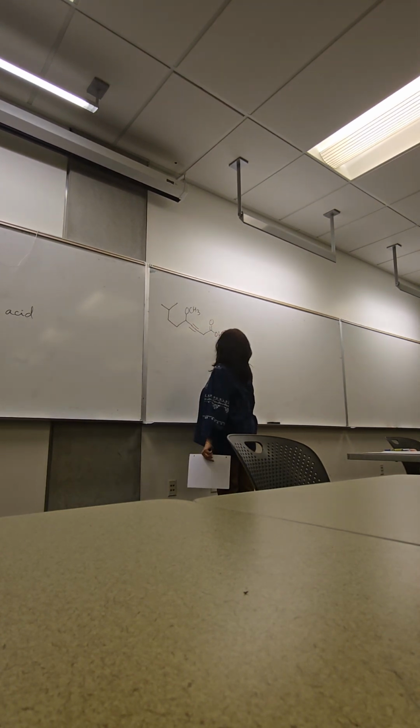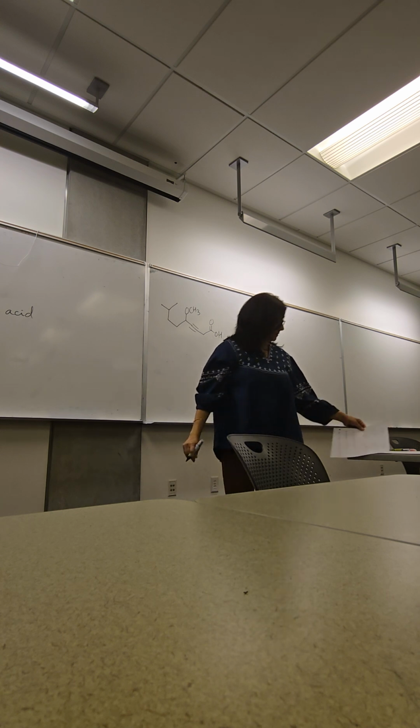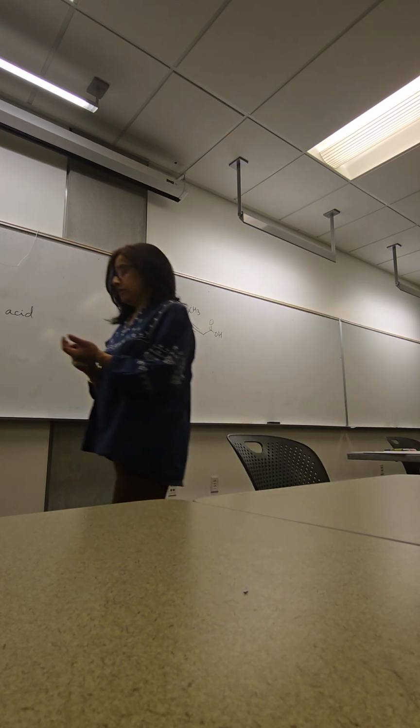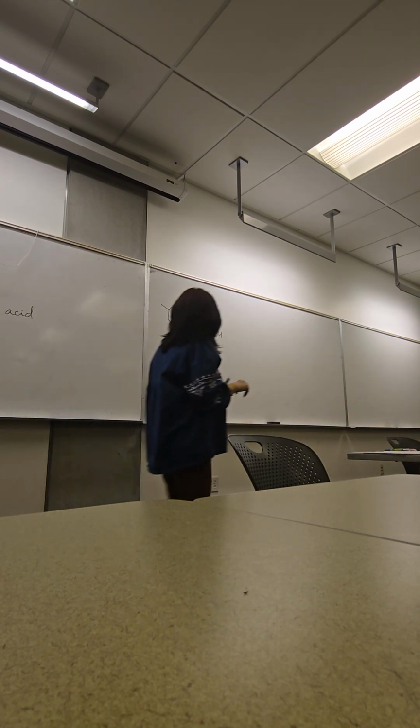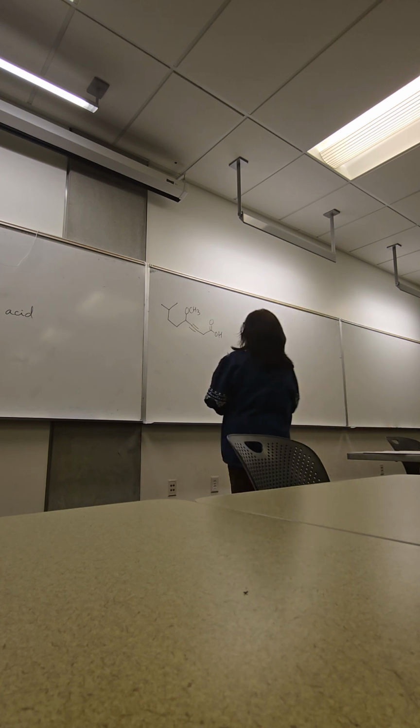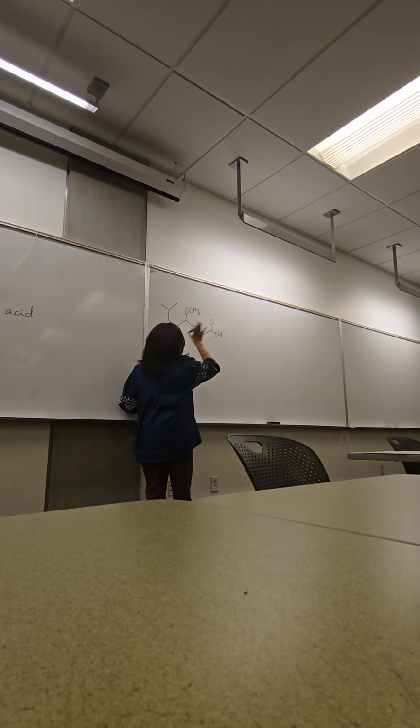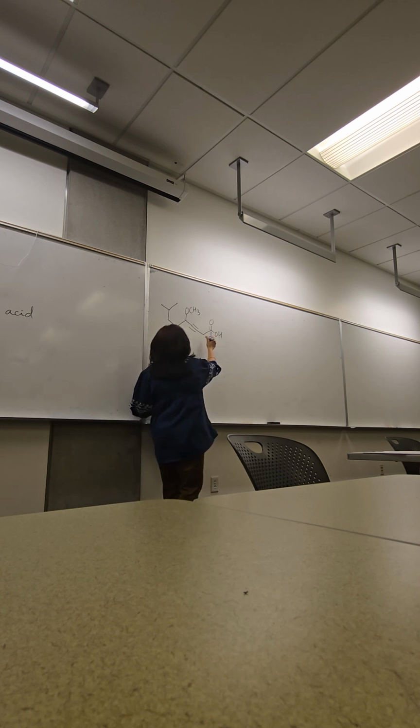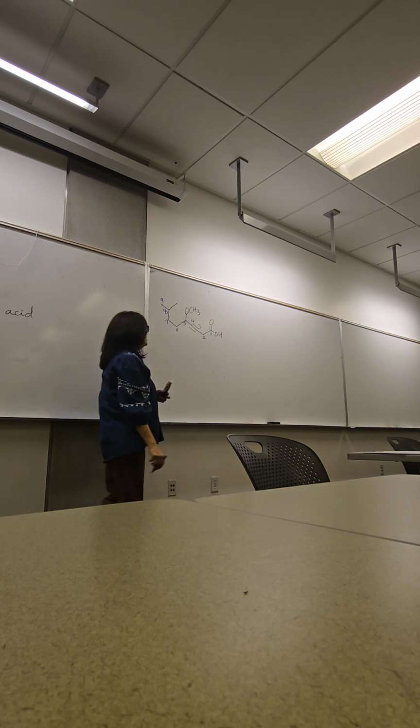What's the parent? Non-ine. Is it non? Okay, cool. So where do I start numbering the parent from? The carboxylic acid. Perfect. 1, 2, 3, 4, 5, 6, 7, 8, 9. Agreed?